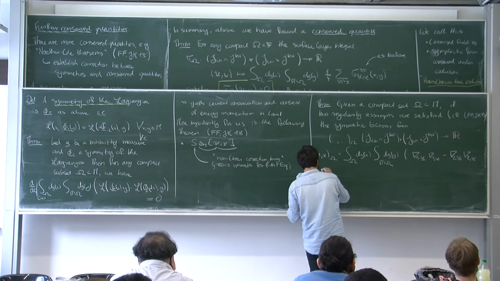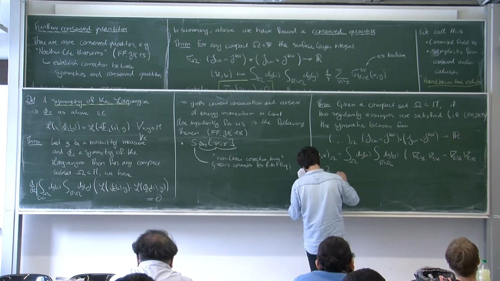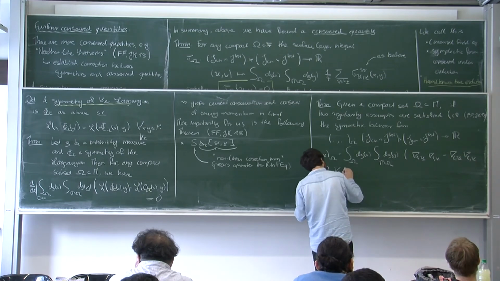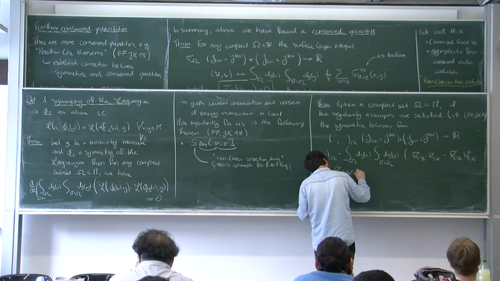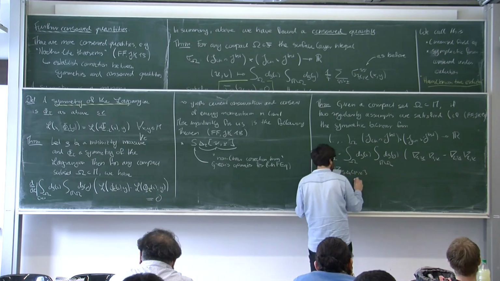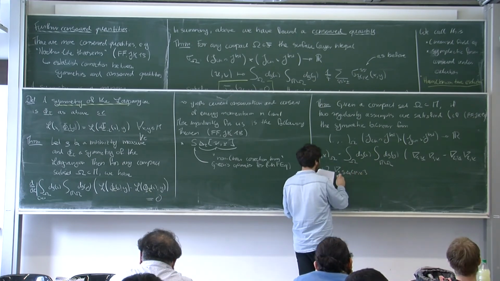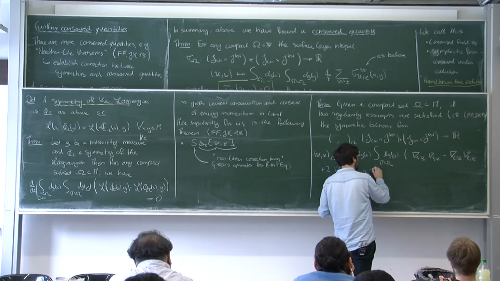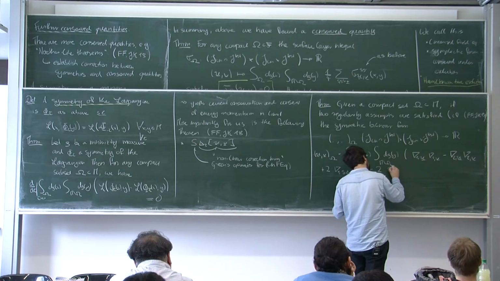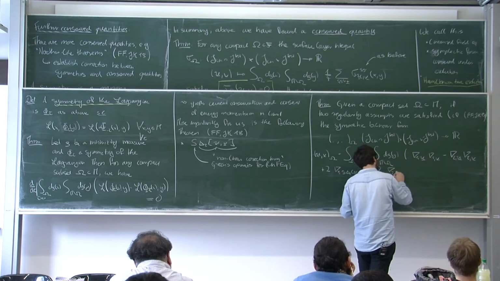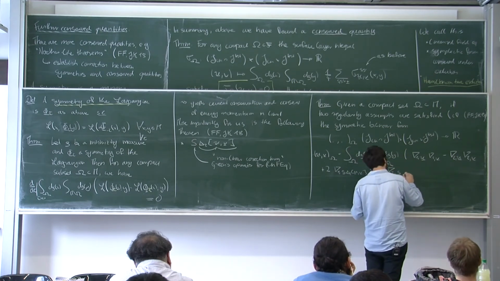First I add 2 times this, nabla 1, and now S nabla 2, u and v. So this is just this nonlinear correction term acting on the first argument of the Lagrangian, minus 2 times the same thing acting on the second argument of the Lagrangian.